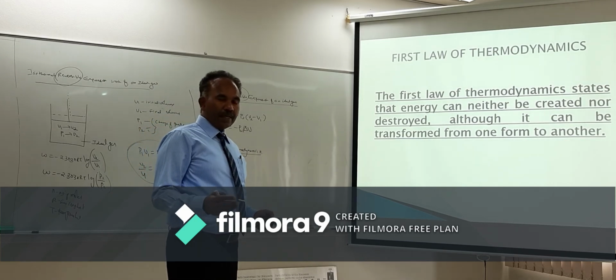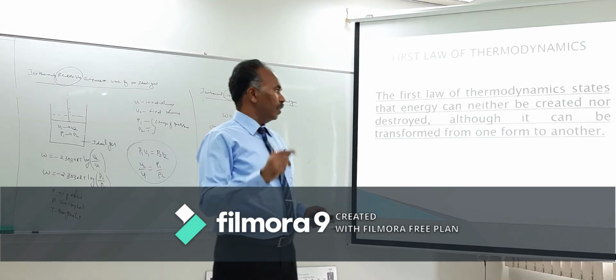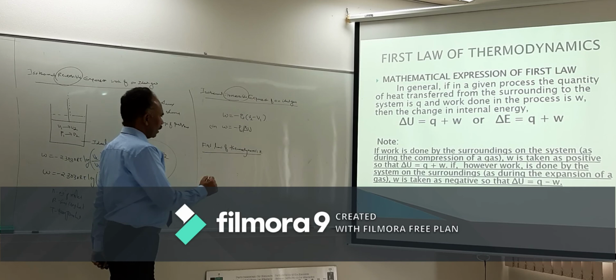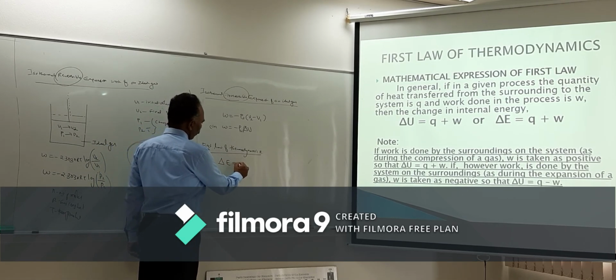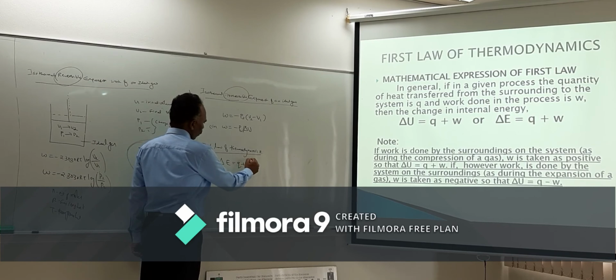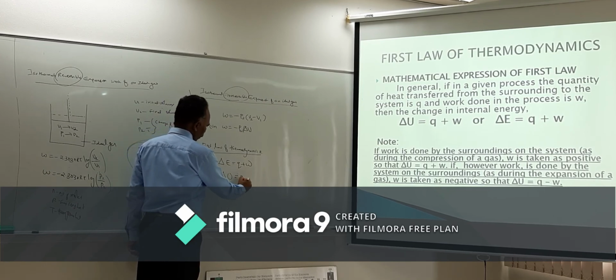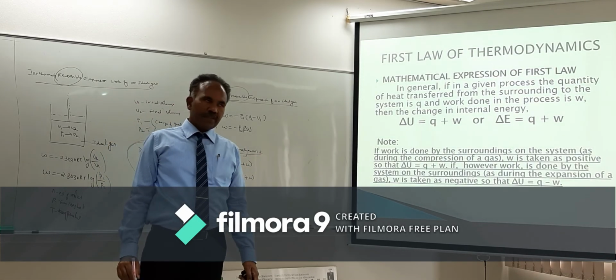The mathematical form of the first law of thermodynamics is delta E is equal to Q plus W. Sometimes we write delta E as delta U. This is called the first law of thermodynamics.